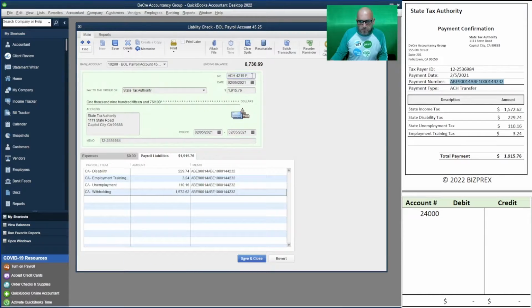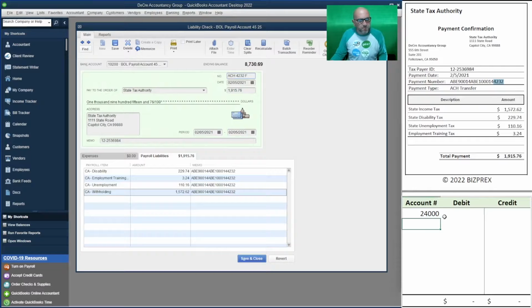Okay, and then we can use this last four. Okay, 70, all right, here it is.